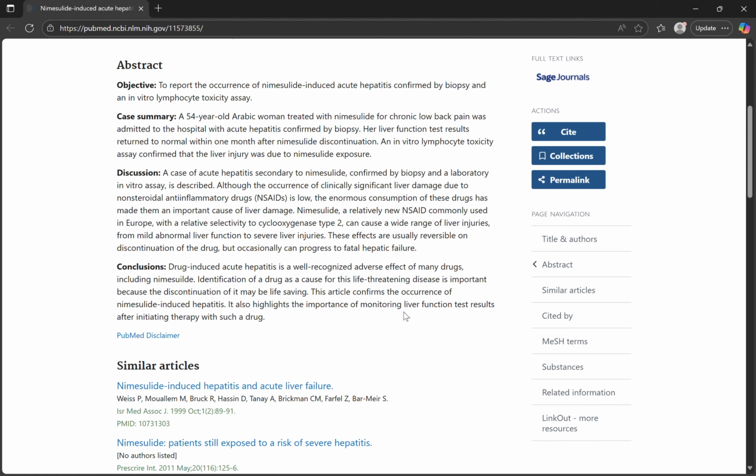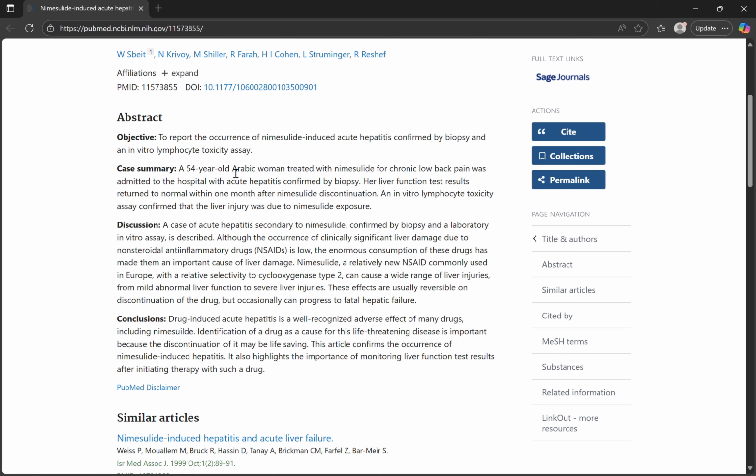It also highlights the importance of monitoring liver function test results after initiating therapy with such a drug. So what we talk about here is acute hepatitis, which is due to a non-steroidal anti-inflammatory drug, that is nimesulide, and it is confirmed by biopsy and in vitro lymphocyte toxicity assay. That is what we interpret from here.